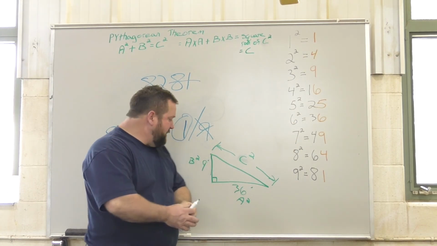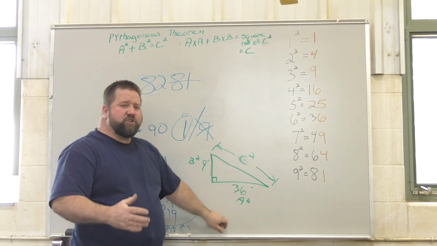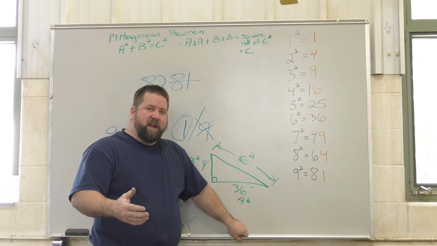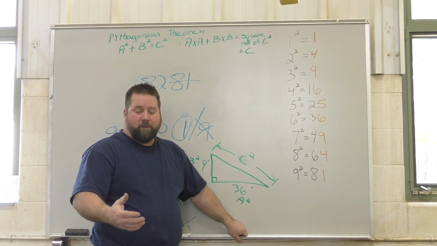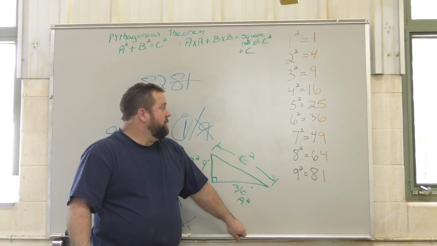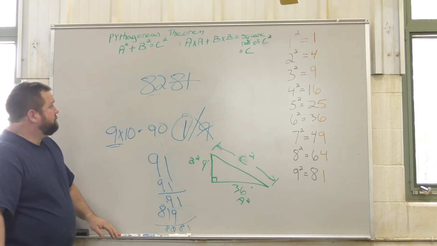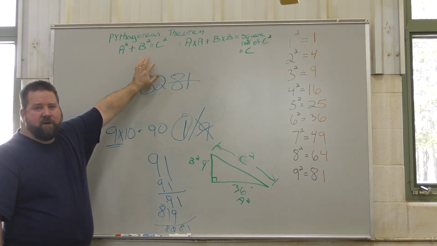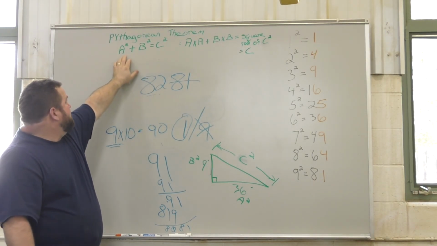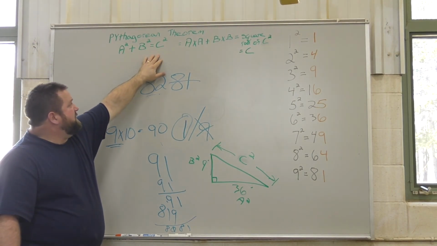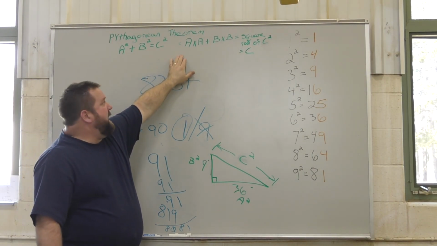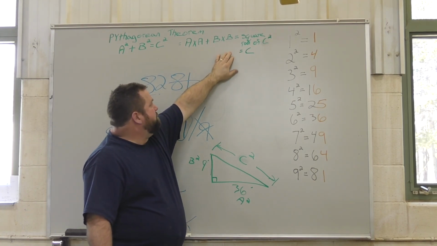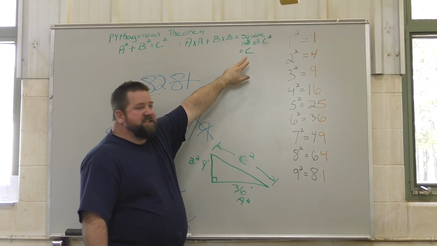As I said, next video I'm going to show you how to find the square root of a number when it's not a whole number, and we'll go through that. I hope this helps. Like I said, write this stuff down. Write down the Pythagorean theorem if you don't know it: a squared plus b squared equals c squared, which means a times a plus b times b equals c squared.